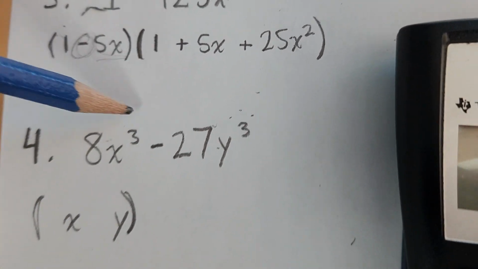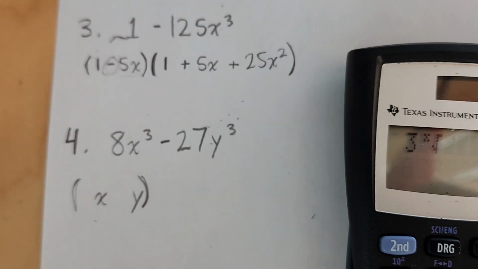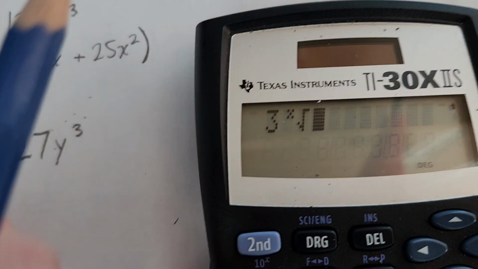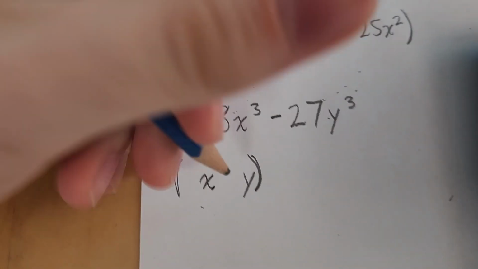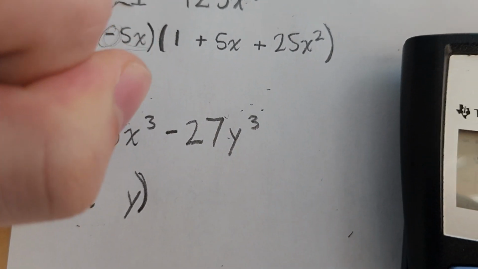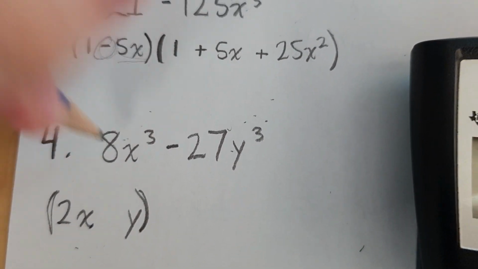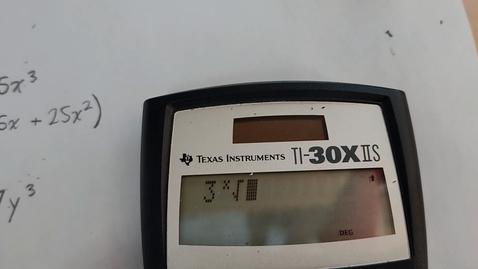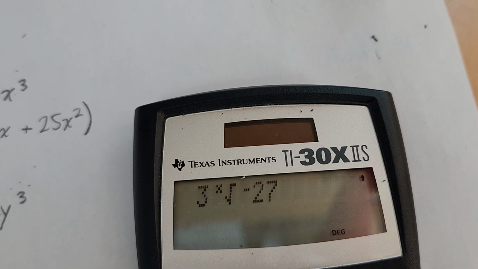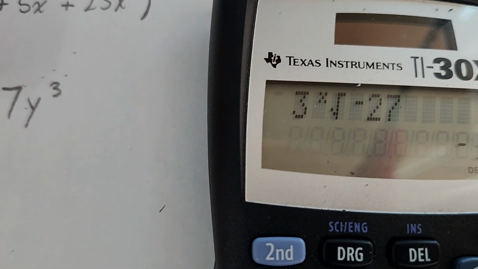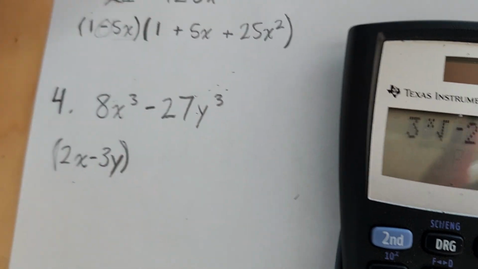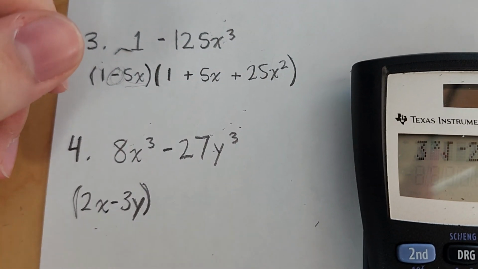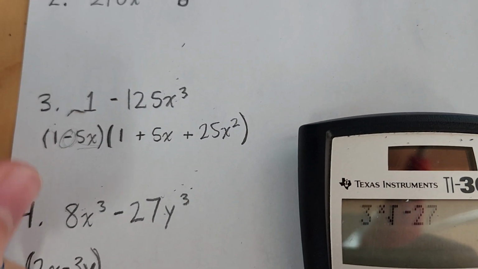Cube root of x cubed is just x. So yeah. And then we go over here, we throw in the 8. We figure out that it's 2, so 2x cubed would be 8x cubed. And then we go over here, put negative 27, and we get negative 3, so negative 3y. All right, and so that's our first bracket.